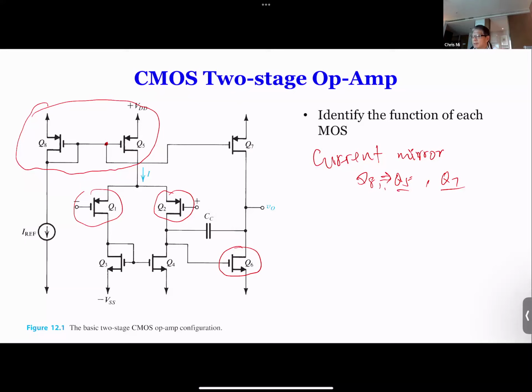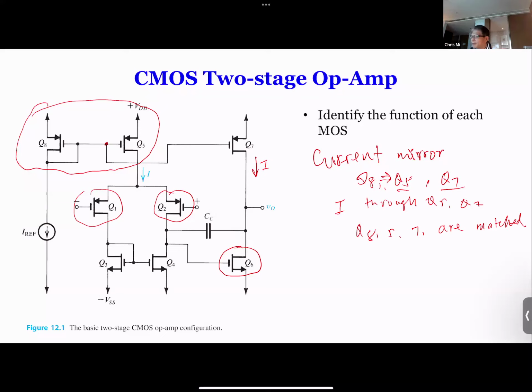So when this happens, you have a current of I through Q5 and Q7. Now, of course, here we assume that Q8, 5, and 7 are matched. If they are matched, you would have the same current in this.